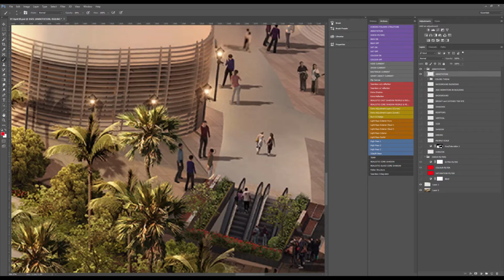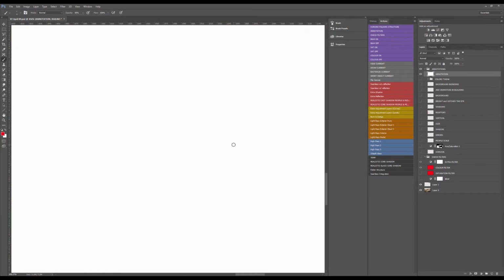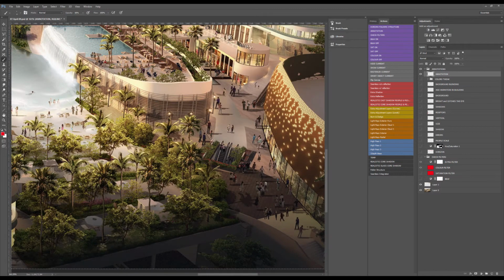This guy, for example, is in the shadow, so its shadow must be way softer than it is. And if we were trying to deal with artificial lighting, then this guy should have a shadow going this way, then this way, then this way, then this way. So it's really complicated to take this into account.